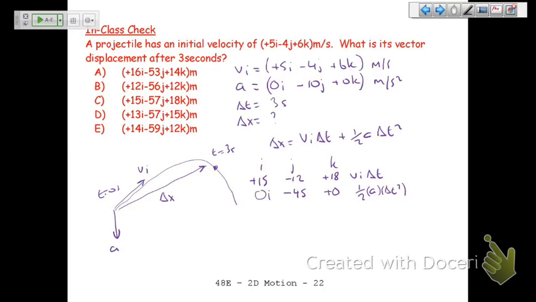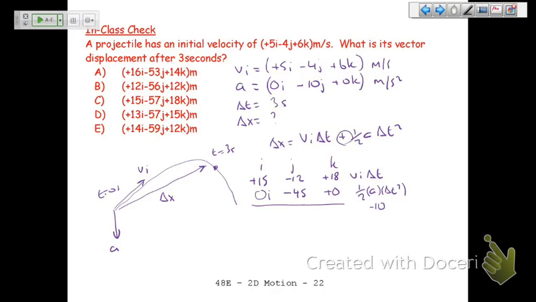Okay, let me just go through that again. This is minus 10 in the y direction, so half of that is minus 5. And the time squared is 9, so minus 5 times 9 is minus 45. It's in the y direction.